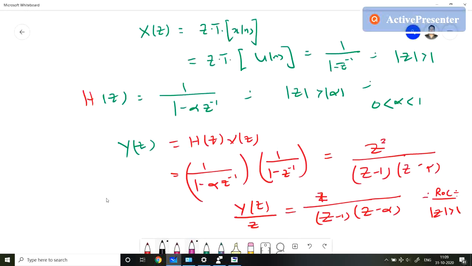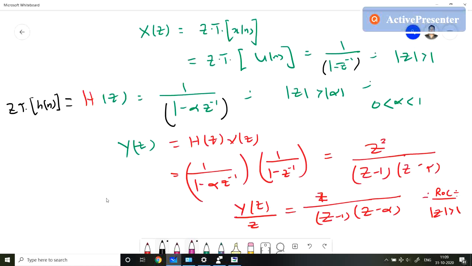So the z transform of h[n] is H(z), that is 1 divided by 1 minus alpha z inverse.